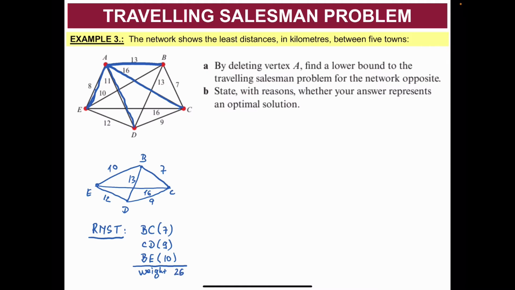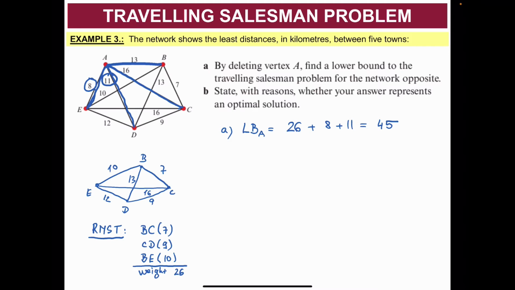And that's why the lower bound, when I deleted the A vertex, would be 26 plus the deleted one. If I want to reconnect the deleted vertex to the network, the shortest arcs would be 8 and 11. So plus 8 and plus 11, which gives me 45.